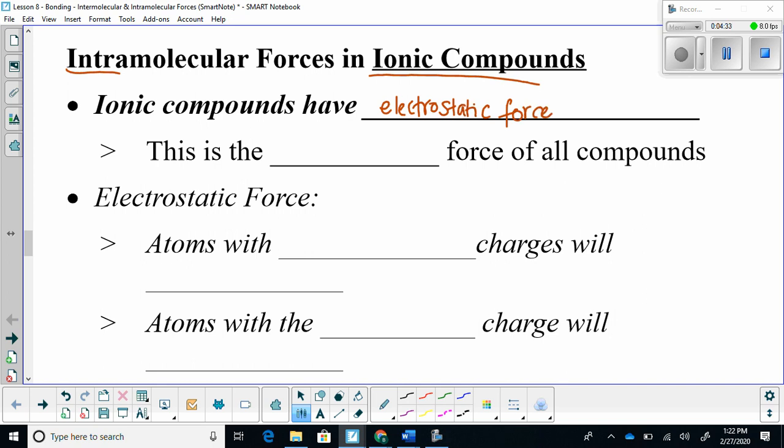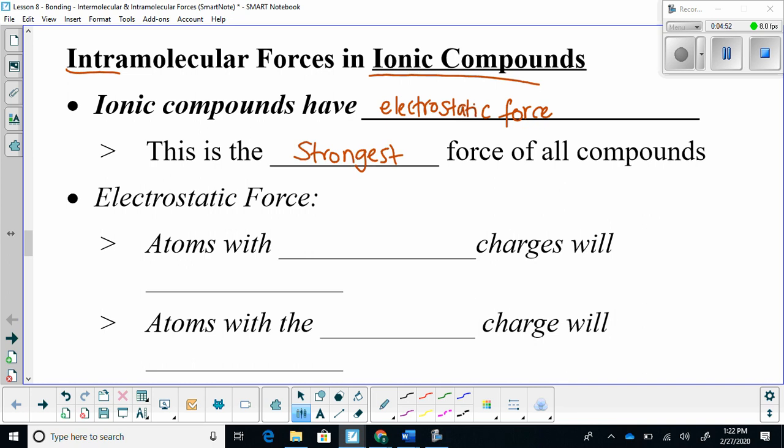Okay? This force is the strongest force that we can have, and it happens in ionic bonds. So this is the strongest force of all compounds.